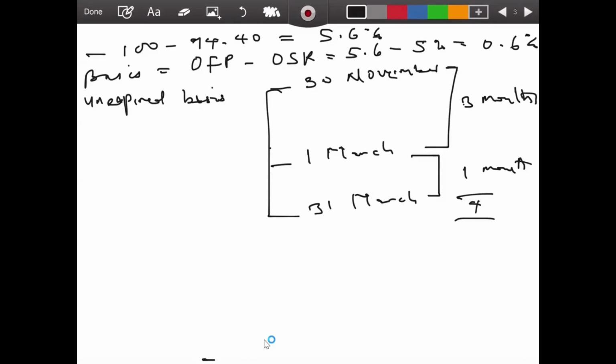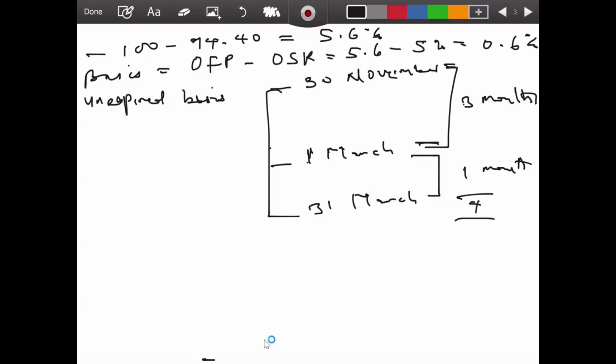So at the end of the contract, we expect the basis to be 0. But the contract was closed out 1 month before expiration. That's the transaction date on 1 March. So it means that the basis from 30 November to 1 March has already expired.